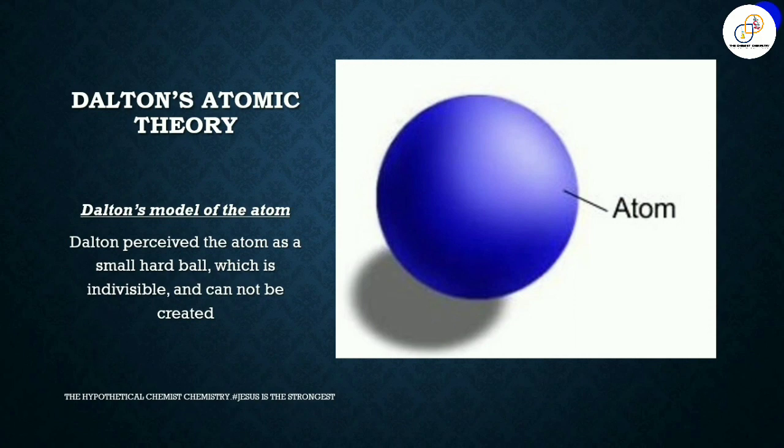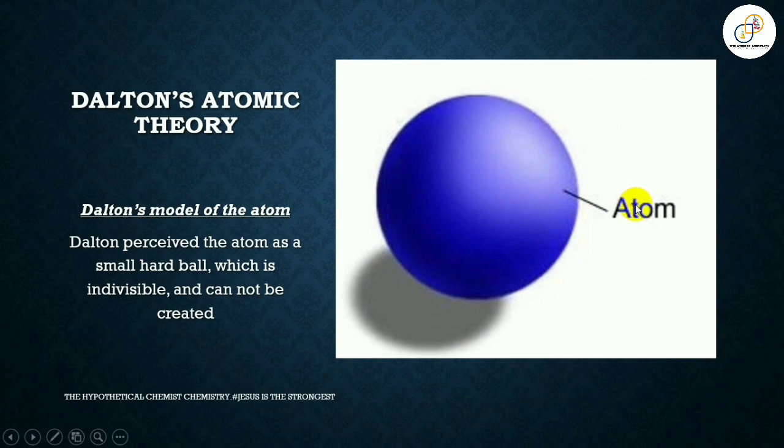Dalton's model of the atom. John Dalton perceived the atom as a small hard ball which is indivisible and cannot be created. So this is a typical example of how Dalton perceived the atom to be, as a small hard ball, shown by this blue round object here.